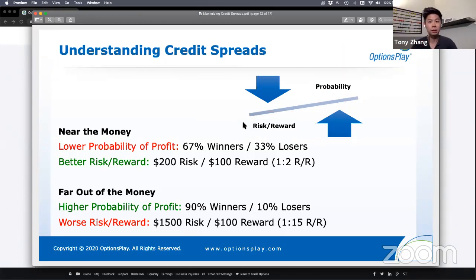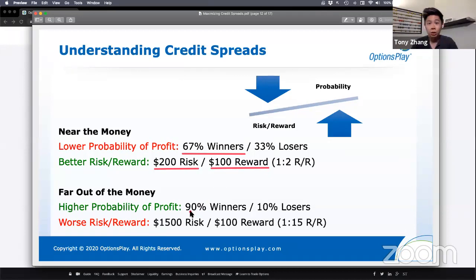When you sell credit spreads near the money, like the ones we just explained, you're going to roughly have about 67% probability of profit, and you're generally risking $200 for every $100 in reward that you're collecting.